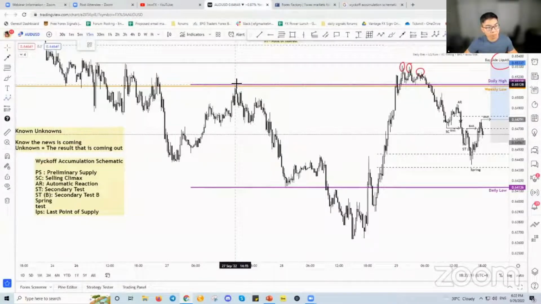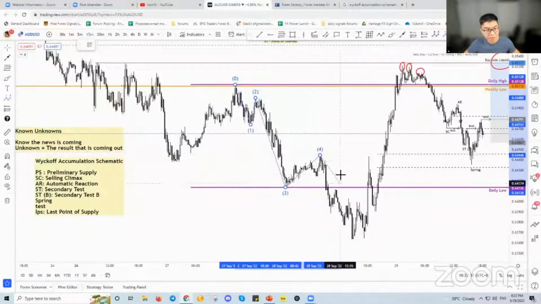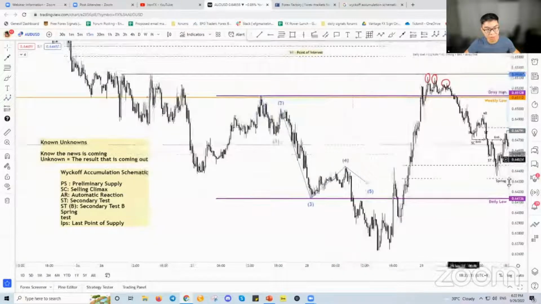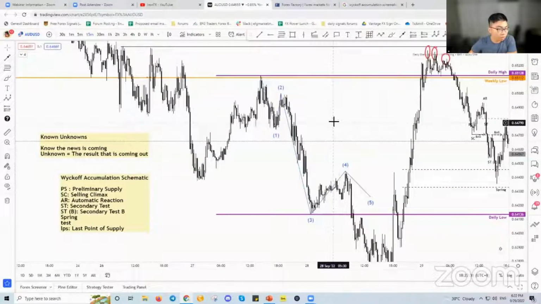We start from the very top. How do we predict this? Price from the top comes down 1, 2, 3, 4, and 5. Let me leave 5 at a random place before we continue. How do we predict the end of the Elliott wave?